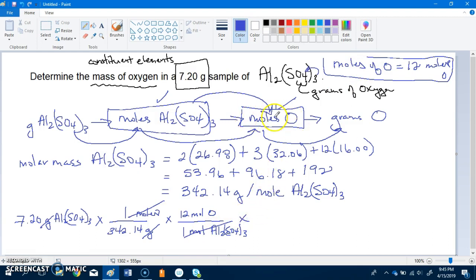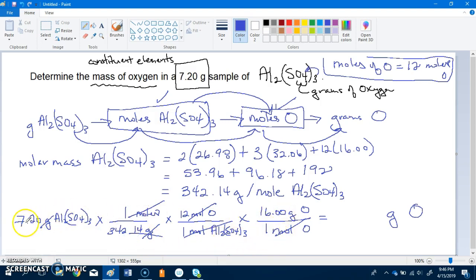Lastly, I'm going from moles of oxygen to grams of oxygen, and I know that I have 16.00 grams of oxygen in 1 mole of oxygen. Moles of oxygen cancel out. That leaves me with my grams of oxygen, which I will calculate by multiplying my top, then multiplying my bottom, and then dividing.